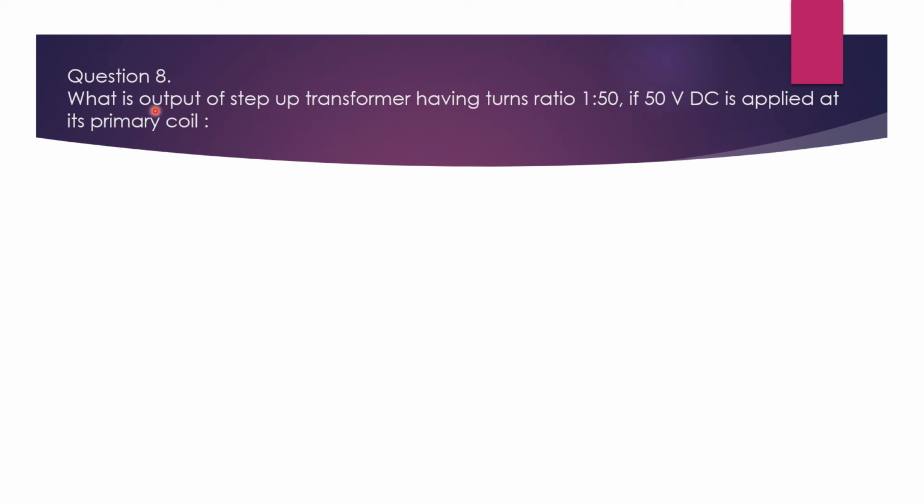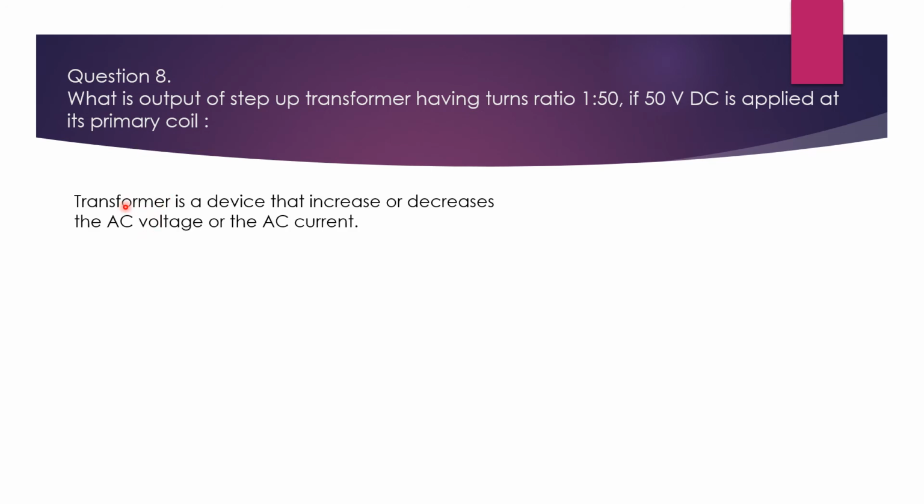Question 8. What is the output of a step-up transformer having turn ratio 1:50 if 50 volt DC is applied at its primary coil? Note that a transformer is a device that increases or decreases the AC voltage or AC current.